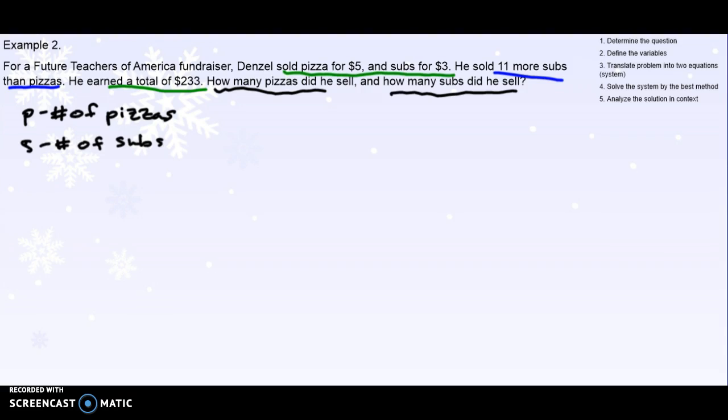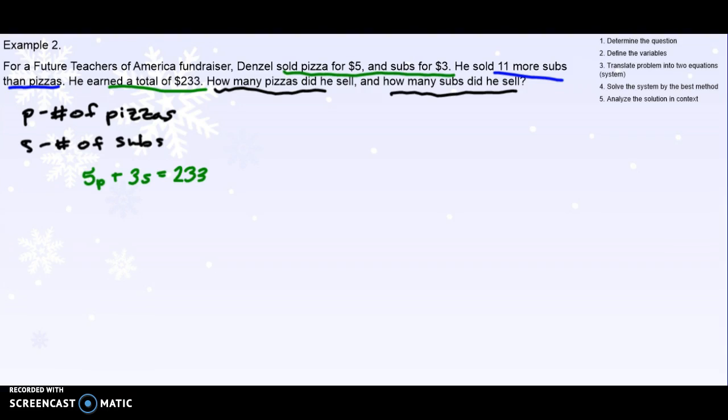So using our variables, if we know that for each pizza he sells it's $5, we can have 5 times P. We want to add on how much his subs were and how many he sold. They were $3 a piece, so we'll have 3 times S, and we know that he earned a total of $233.